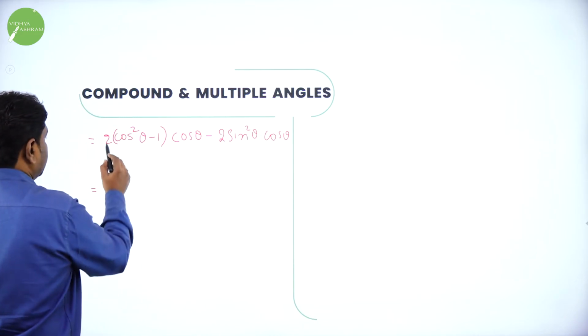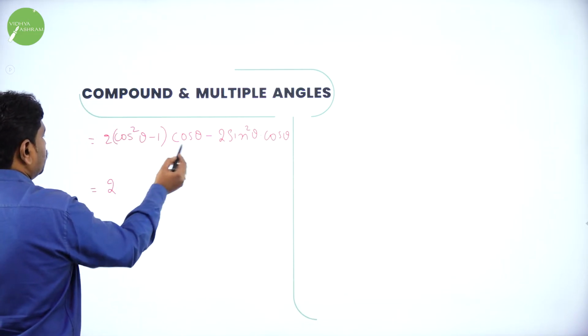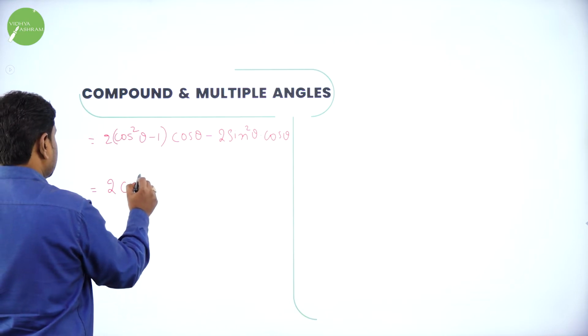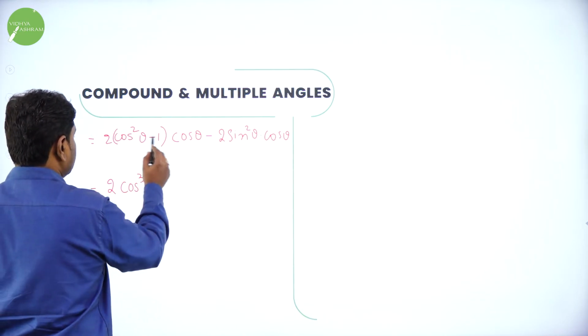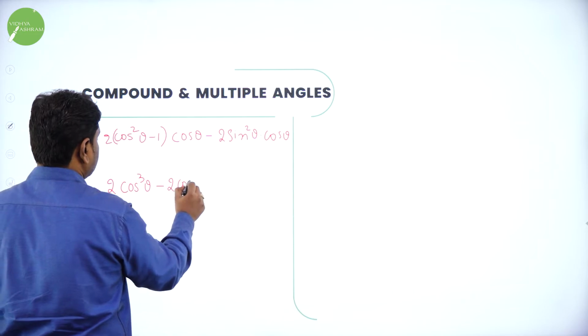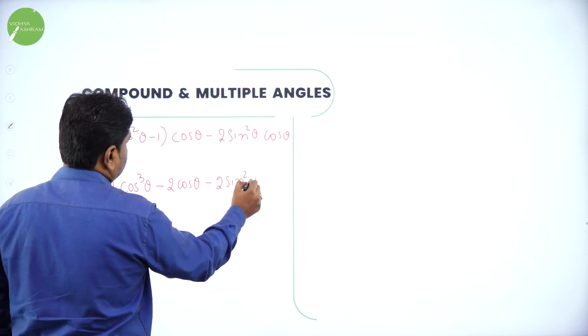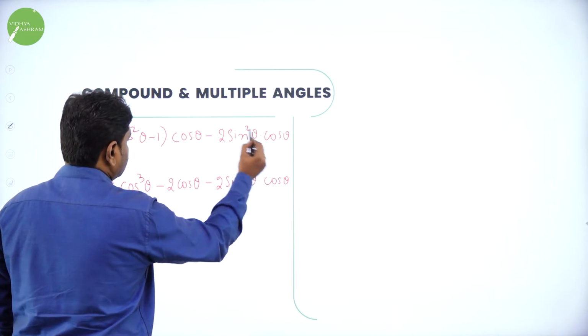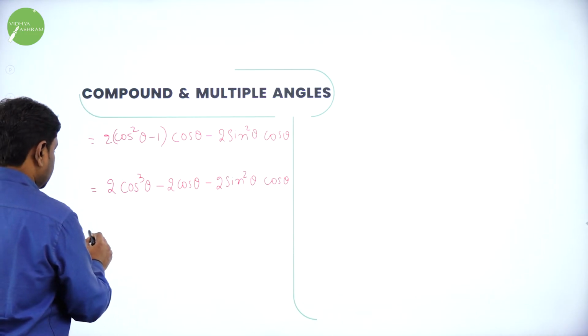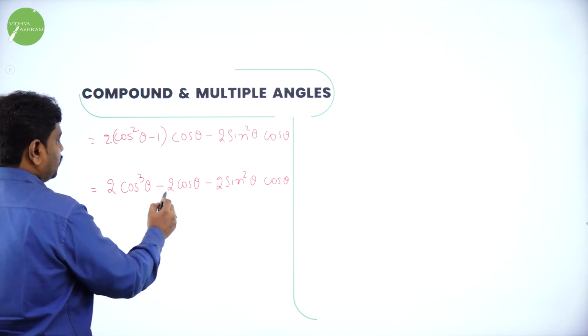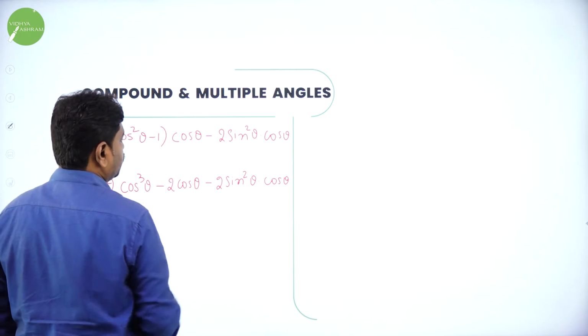Now multiply 2 into cos square into cos becomes 2 cos cube theta minus 2 ones are 2, 2 cos theta. Further we have minus 2 sin square theta into cos theta. See here, observe the terms. We have 2 cos cube theta minus 2 cos theta minus 2 sin square theta into cos theta.